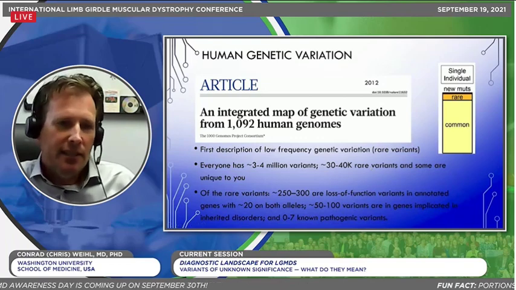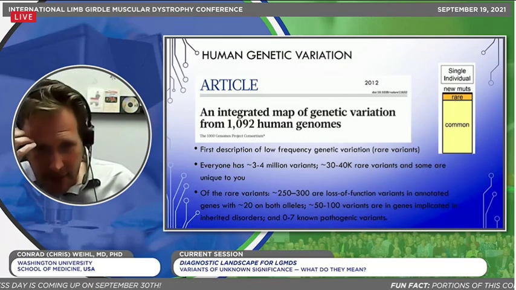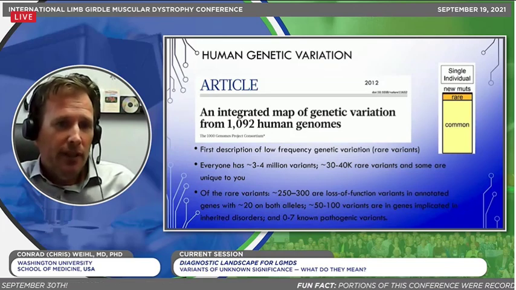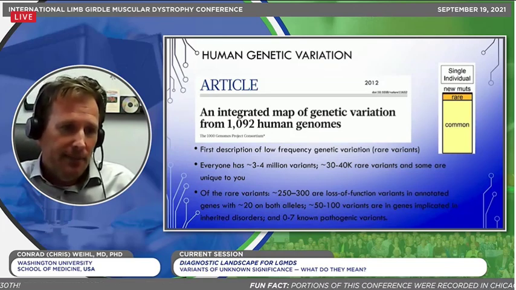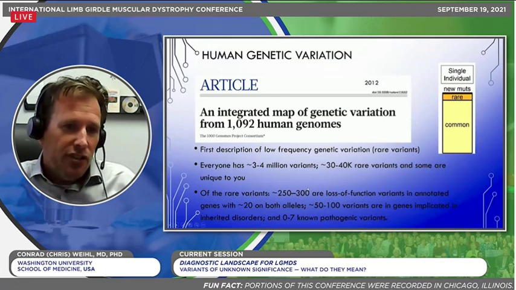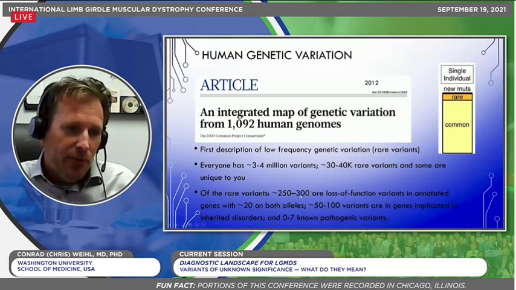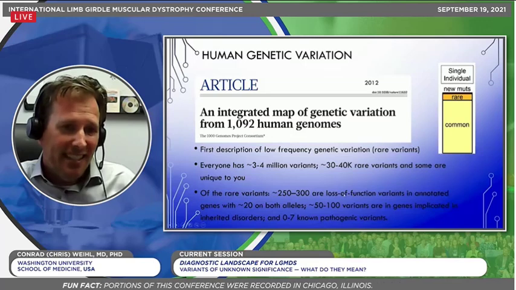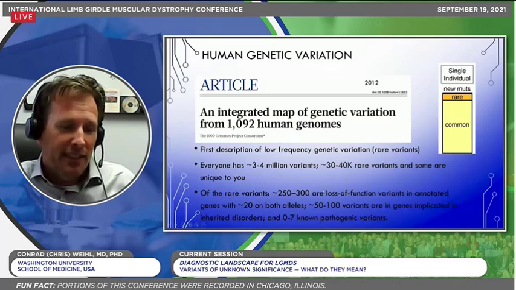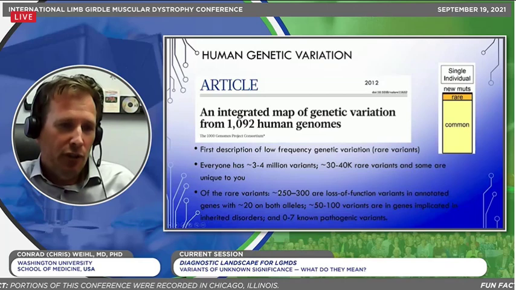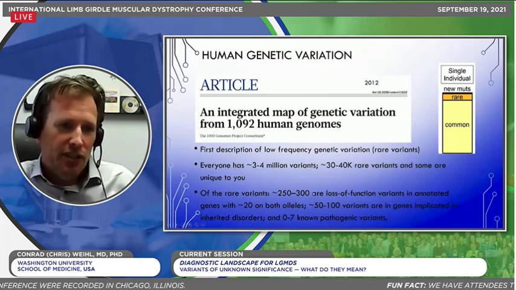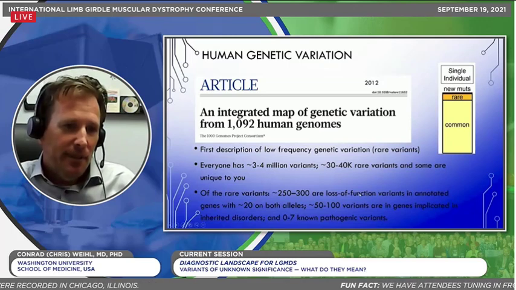That's everybody. That's me. That's you. That's everybody in the room has 30 to 40,000 rare variants. Of these rare variants, 250 to 300 are loss of function variants, meaning that I can predict that they're going to cause a non-functional protein. That's amazing to me, that within our human variation, we have mutations in genes that cause them to be detrimental.